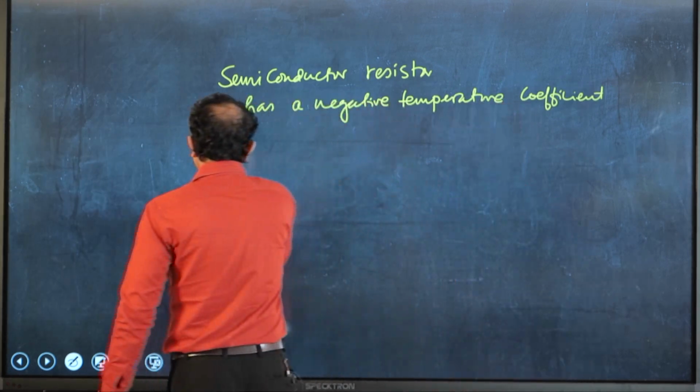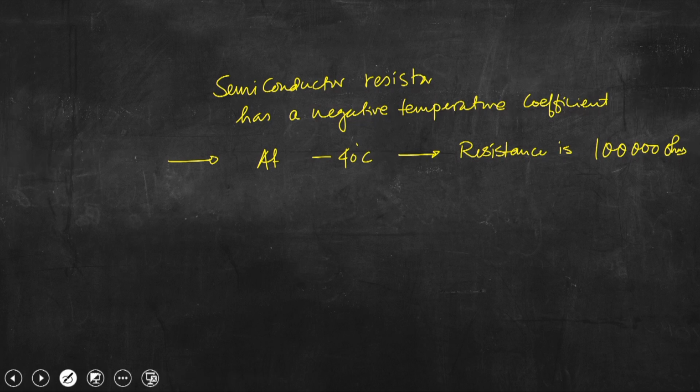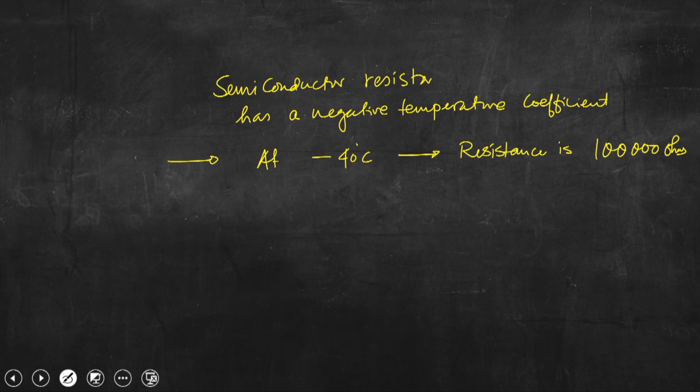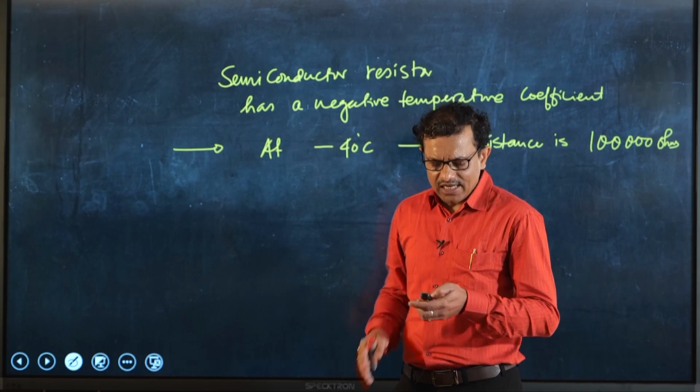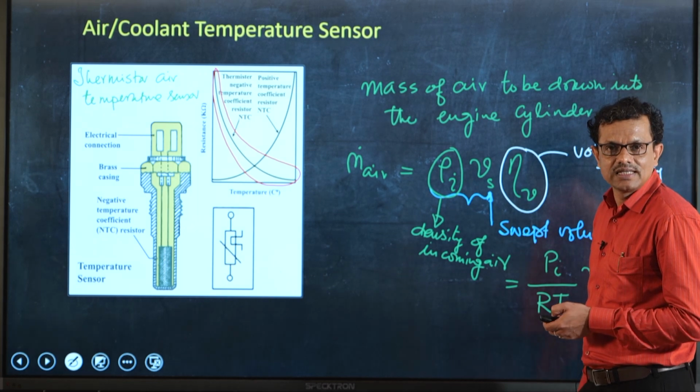I can give you some information about this sensor, that at minus 40 degrees Celsius resistance is 1 lakh ohm. Now, if we increase the temperature, say for example, the air temperature of the ambient air is increasing, and that will certainly affect the mass of air to be drawn into the engine cylinder.